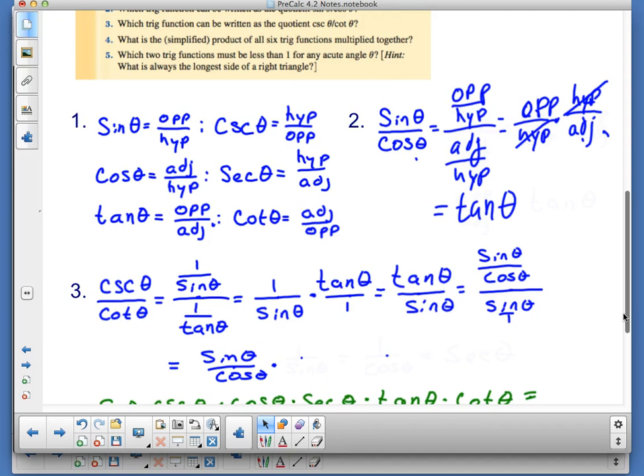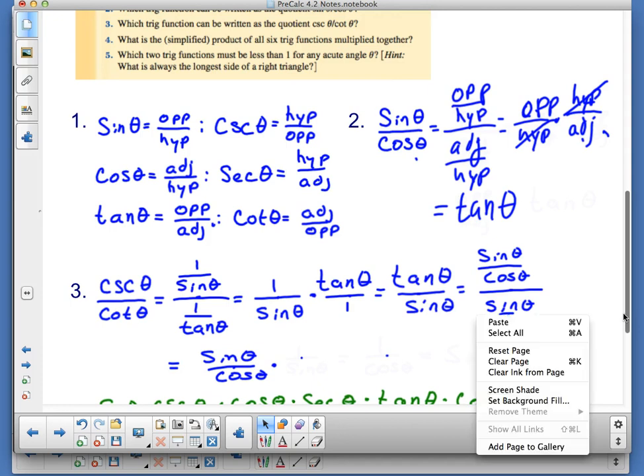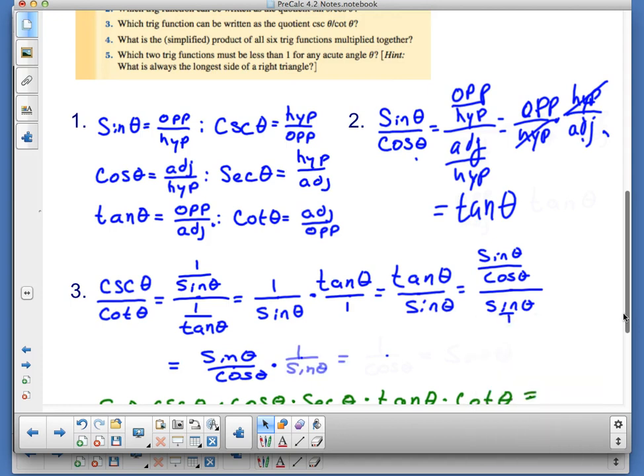I just did everything on top the same, times the reciprocal of sine theta over 1, which is 1 over sine theta. Because of my fraction properties, now I'm just multiplying and dividing.